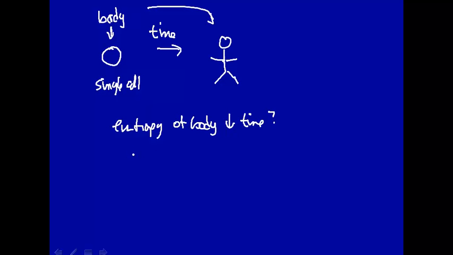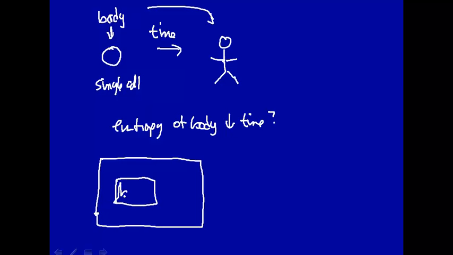Well, the answer is yes, it does, but that doesn't violate the second law of thermodynamics, because what is happening is here's our system, this is our body, and what we're doing is we're pumping out entropy out here, so we're decreasing our entropy, but we're increasing the entropy of the surroundings even more.